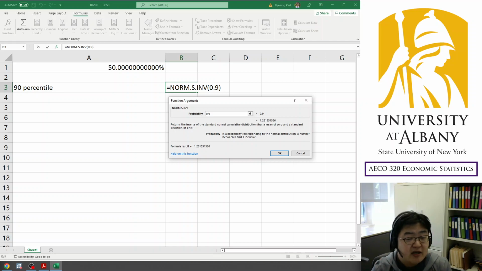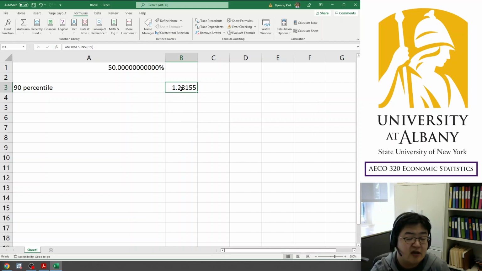By the way, 90 percentile is 90%, but you have to transform the percentage into a number between 0 and 1, like 0.9. If you enter that, you get 1.28155.